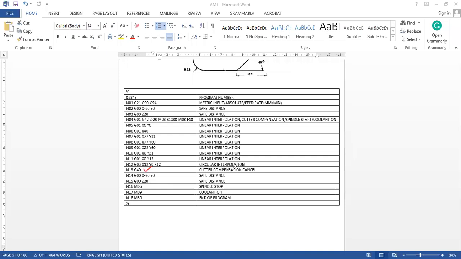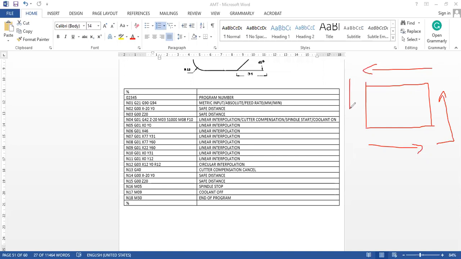Then G40 means cutter compensation cancel. Here G42 means cutter compensation. Here the tool moves in this direction using G42.